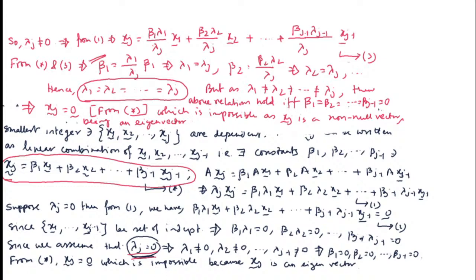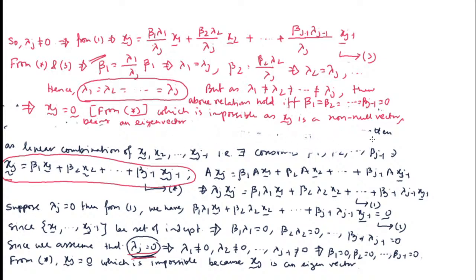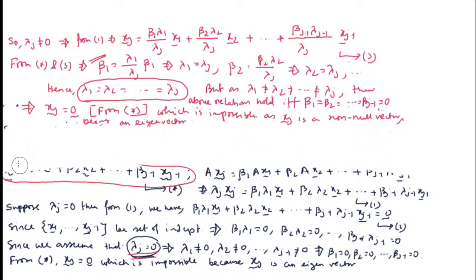So therefore the assumption that xj curl belongs to the linear span of x1 to xj minus 1, that is, xj curl can be written as a linear combination of x1, x2, up to xj minus 1, is not true.